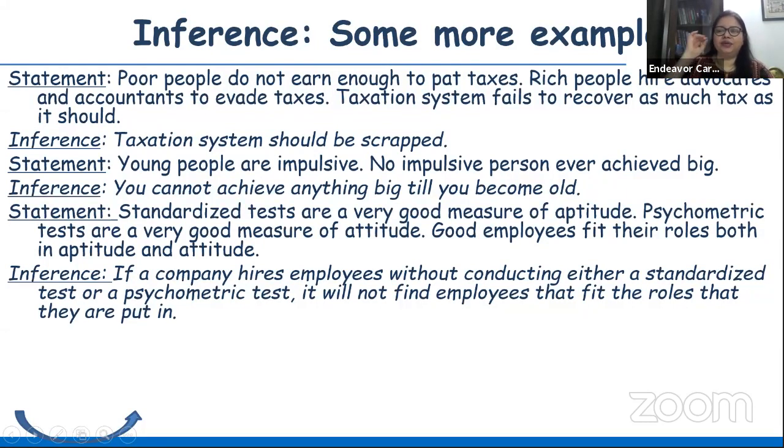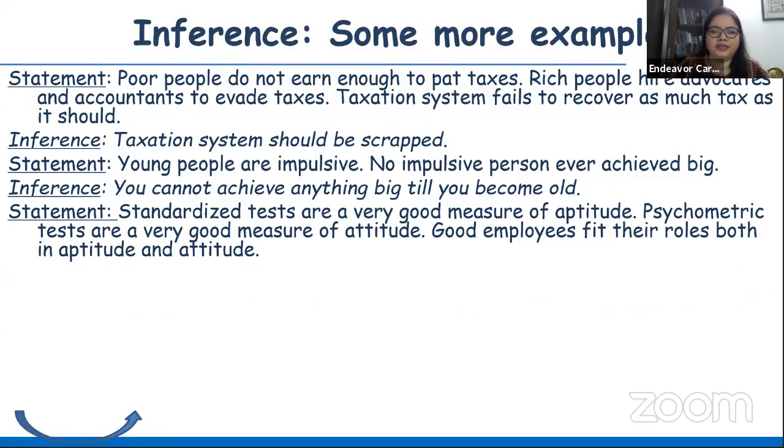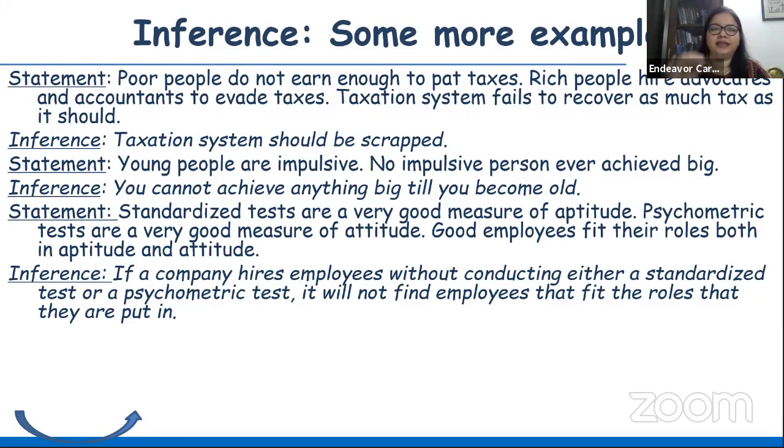Clearing aptitude and attitude. What is the effect? You therefore fit the roles. You're a good employee. Inference given is if a company hires employees without conducting either a standardized test or a psychometric test, it will not find employees that fit the roles that they are put in.